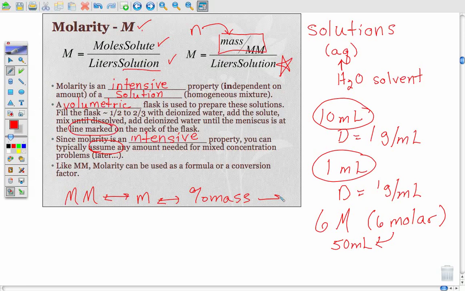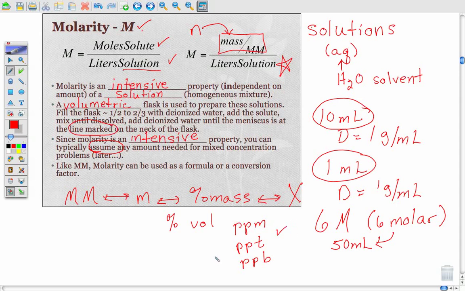We're going to cover each and every one of these, and mole fraction. And there's certainly more. We could be talking about percent by volume, and we could be talking about parts per million, parts per trillion, parts per billion. I'm going to save those for another day.